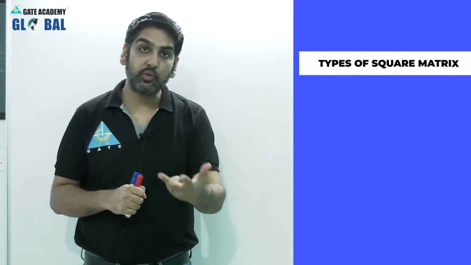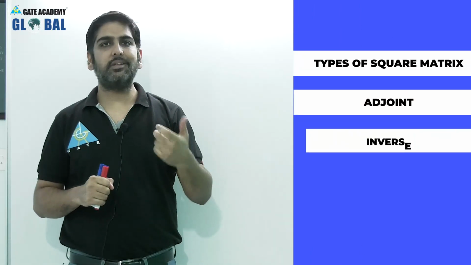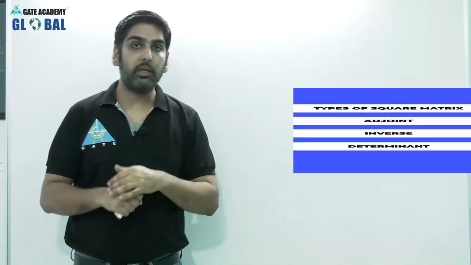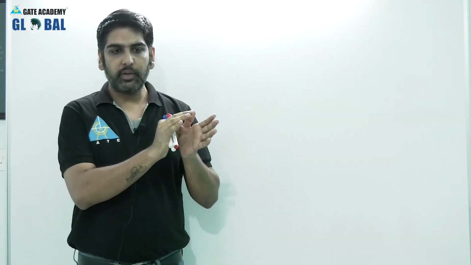In the basic concepts we have the types of square matrix, adjoint, inverse, determinant, which are really important, and also multiplication and the small things of matrix.